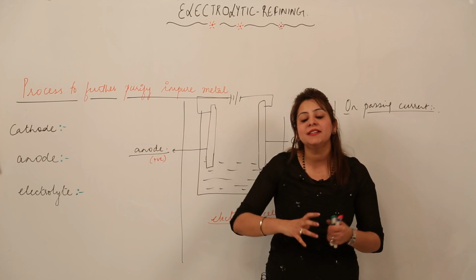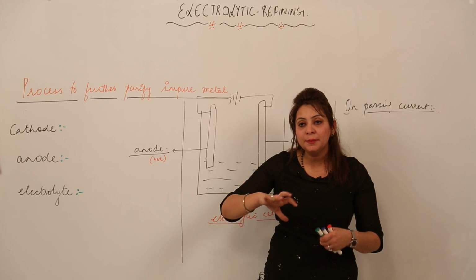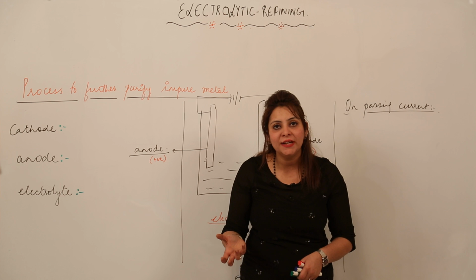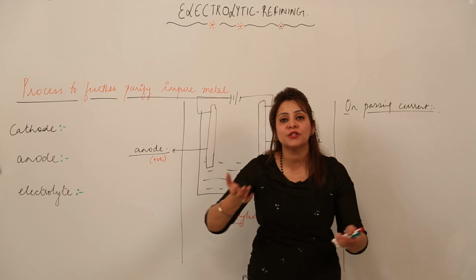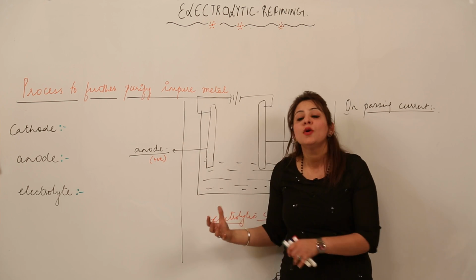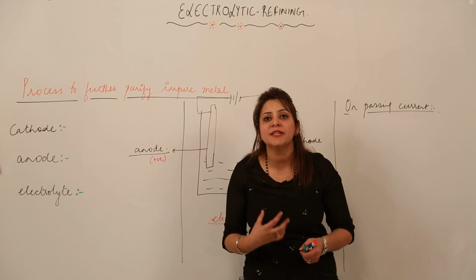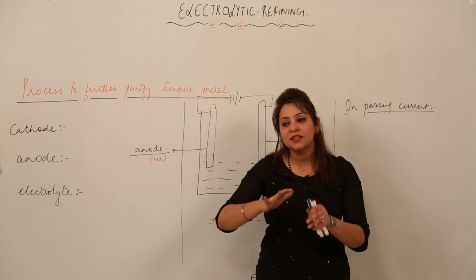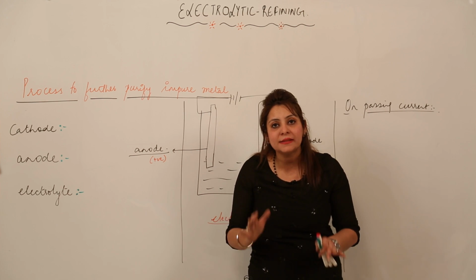What changes is the material of the anode, cathode or electrolyte, or we sometimes add certain substances to the electrolyte. This is what changes for the different processes, like electrolytic reduction, electroplating, and electrorefining. The whole process remains the same.